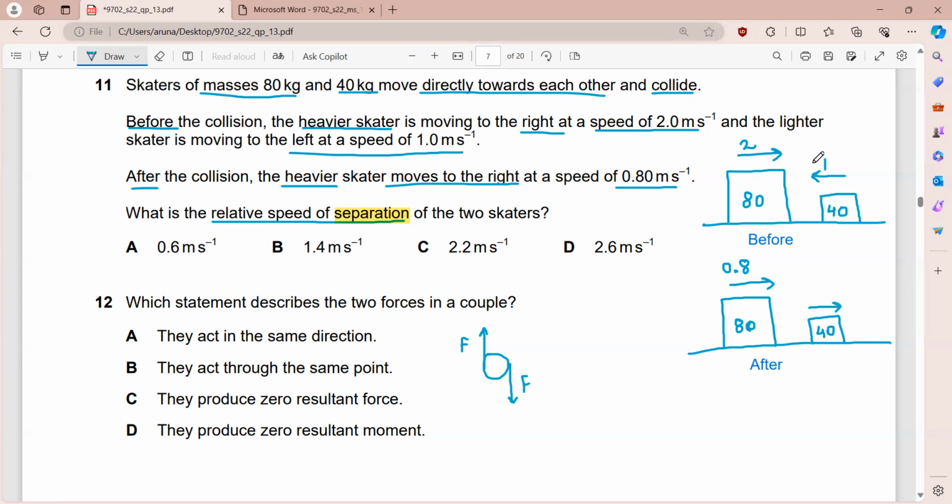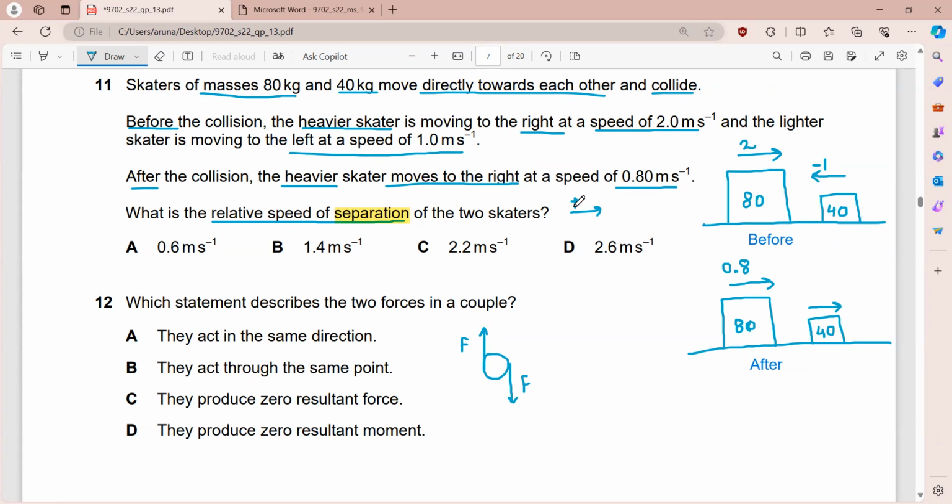They're separating. But one thing they have not given us, or we have to include, is the sign of the velocity. If we take the right side as being positive, then the left side will be negative, and vice versa. If you took this as positive, then this would be negative. So I'm taking the right side as positive currently. This is an important step that most people will forget, and this is why you might sometimes get the wrong answer.